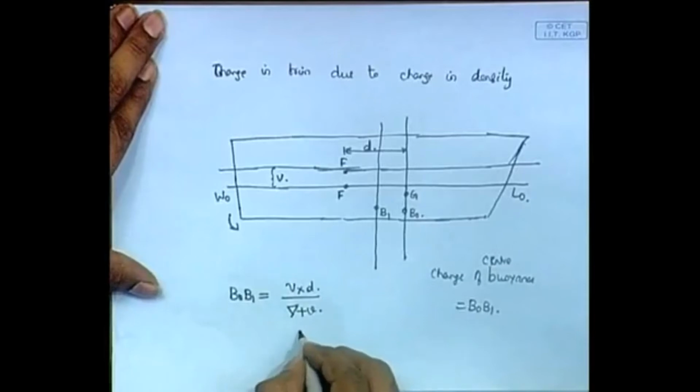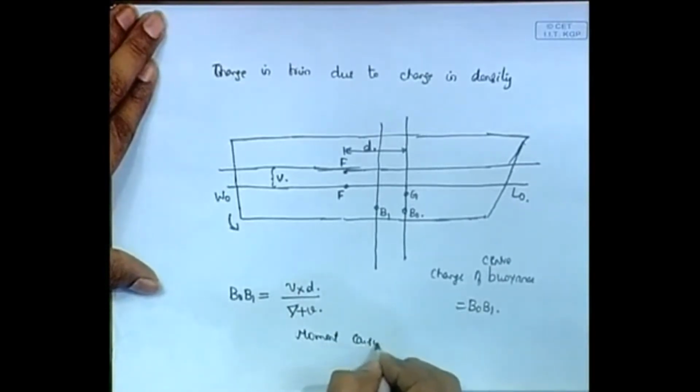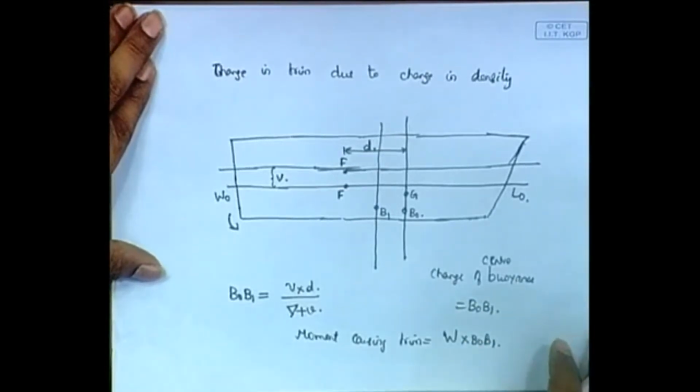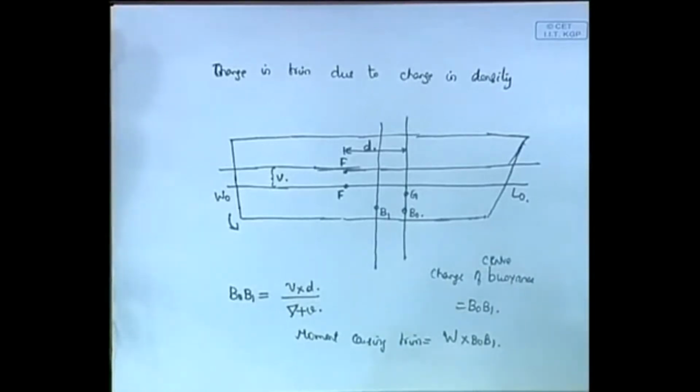Now, therefore, the moment causing trim we can write as W, the weight of the ship, into B0 B1. It is due to this change of volume that there is a shift in the trim. So the moment is produced due to this shift in B0 B1.